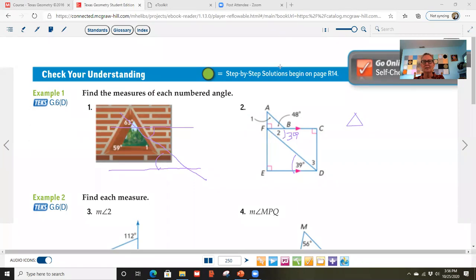If it says name a right triangle, I would say triangle FCD is a right triangle in this picture. And I didn't color coordinate it, sorry. But it doesn't matter what letter order you put the letters in, just so long as you use the right letters. So triangle FCD is a right triangle, and therefore the measure of angle 3 is going to be 51 degrees, because 39 plus 51 equals 90.